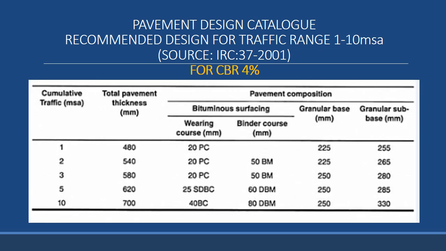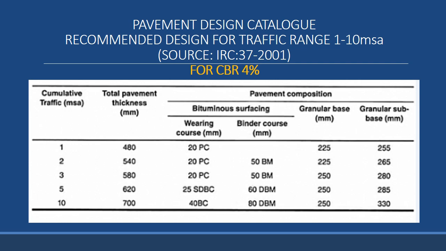Let's see. Here the cumulative value of the MSA is also given. The cumulative value for the standard axles is given, from 1 to 10, and in the second column the total pavement thickness is given correspondingly. Then again the pavement composition, what the compositions of the pavement are and what each layer thickness should be, is given here.